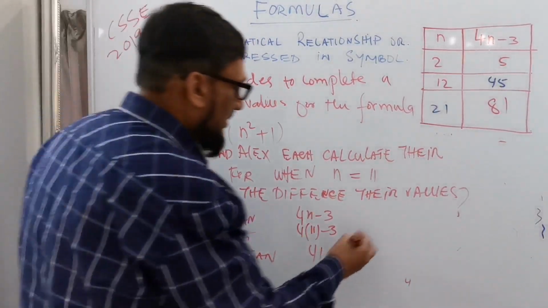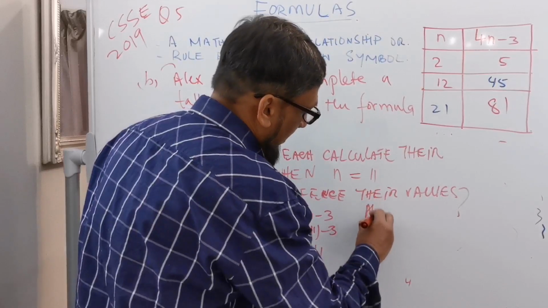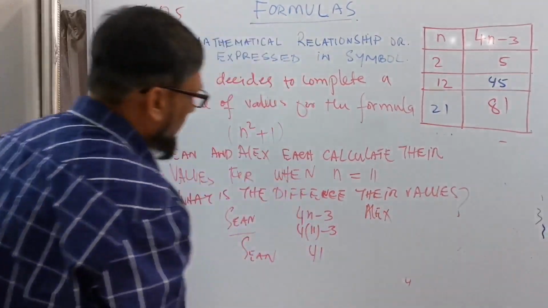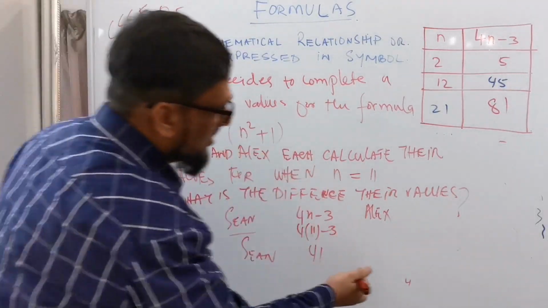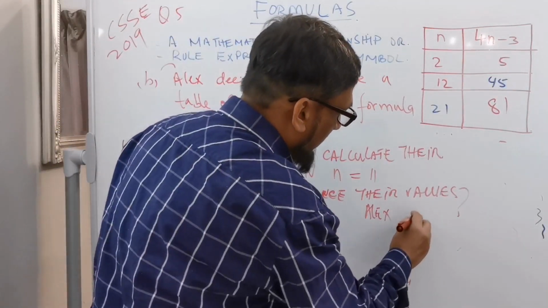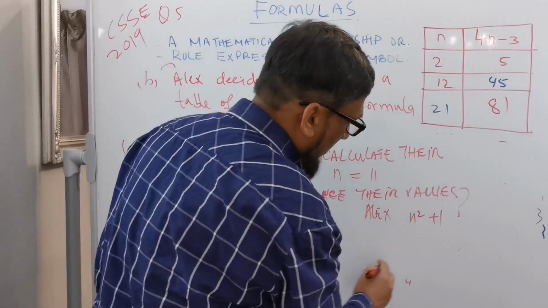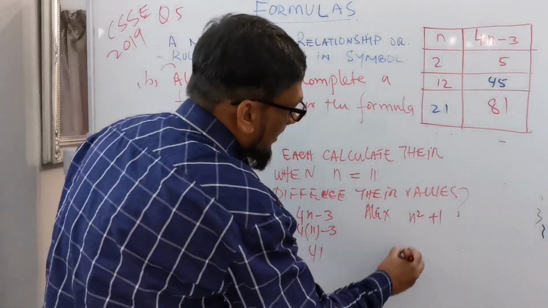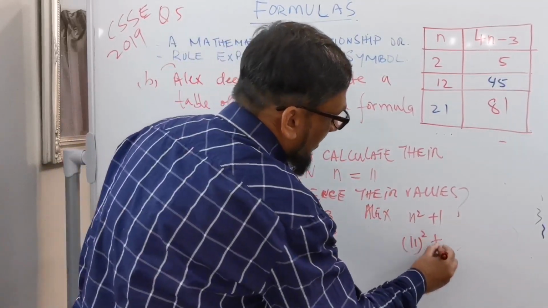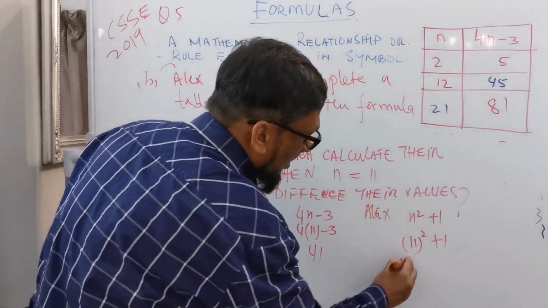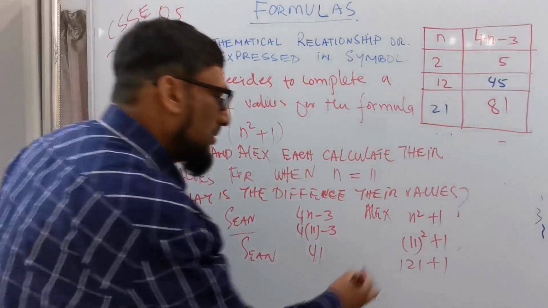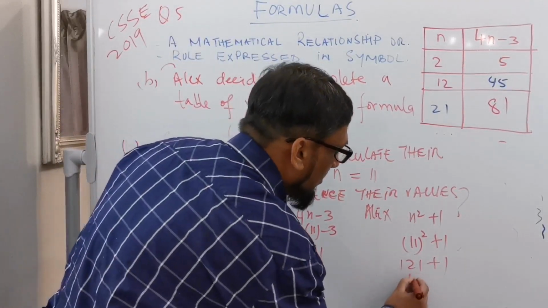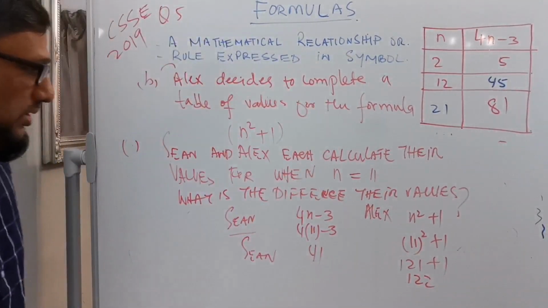And Alex is using the formula n square plus 1, so 11 square plus 1, which is 121 plus 1, so 122.